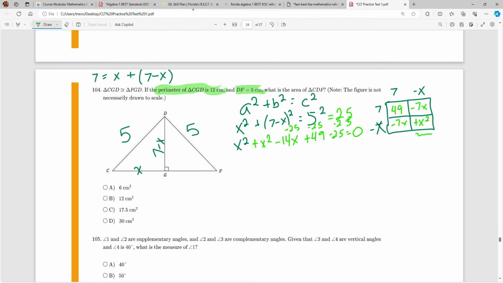And now I can simplify a little bit. x squared plus x squared is 2x squared minus 14x. And 49 minus 25 is 24. Plus 24 equals 0. All of these are even, so I can factor out a 2. 2 times x squared minus 7x plus 12 equals 0.